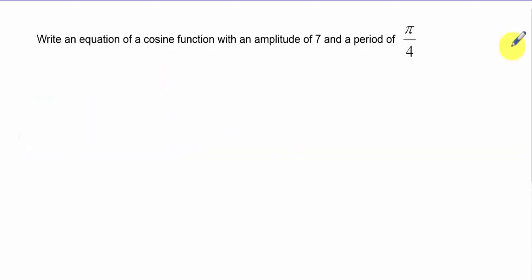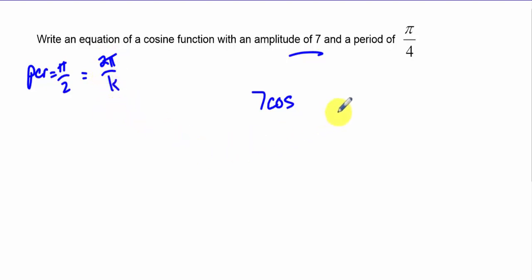So now we're going to go backwards a little bit. We're going to write an equation of a cosine function having an amplitude of 7. That's pretty easy. 7 cosine. And then having a period of pi over 4. So if my period is pi over 4, that's going to be equal to 2 pi over k. And I'm going to need k to fit right before my theta value of y.